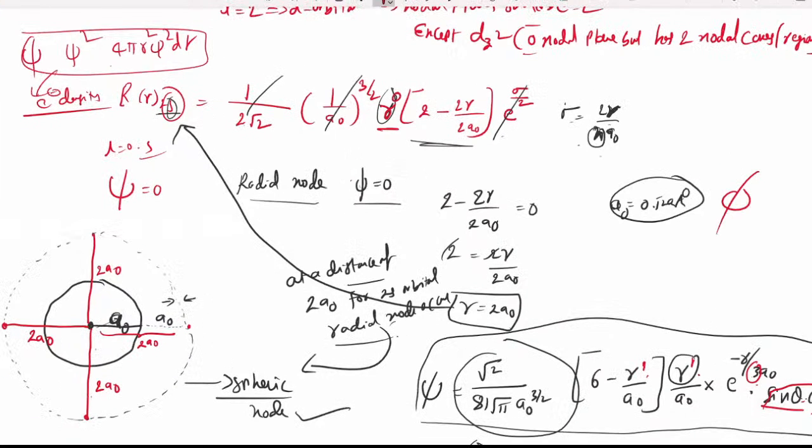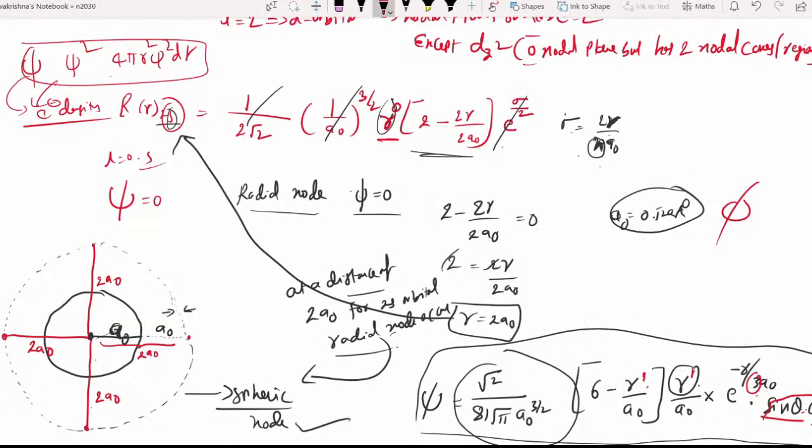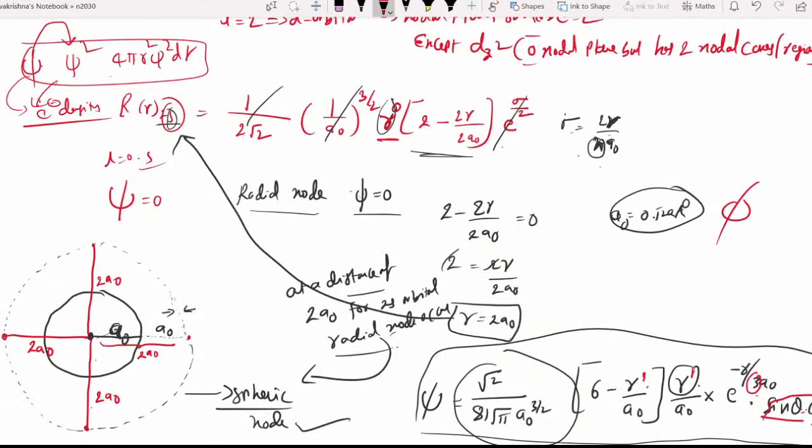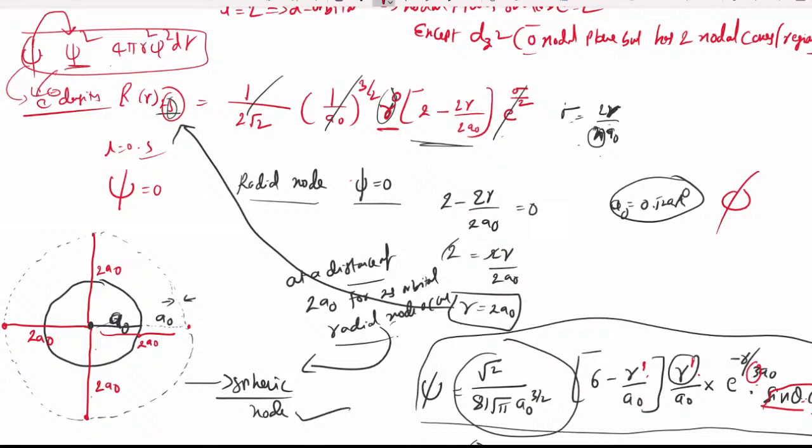No, psi is nothing but the electron wave function. Psi represents the electron wave function, which may be positive or negative. To always get a positive value, you take psi square. Psi may be positive and negative, but psi square is always positive. But this will give electron density in one direction only.